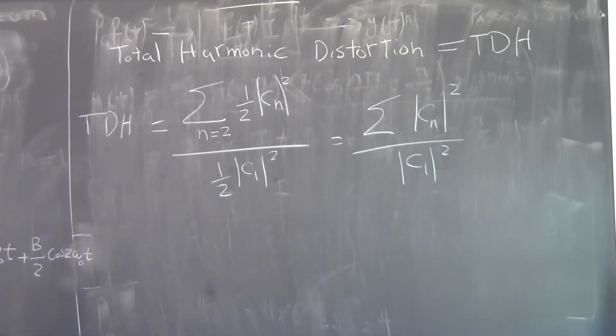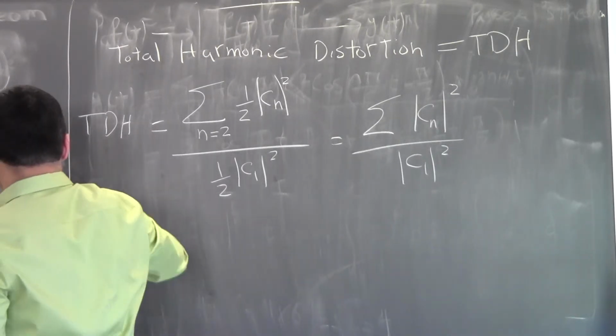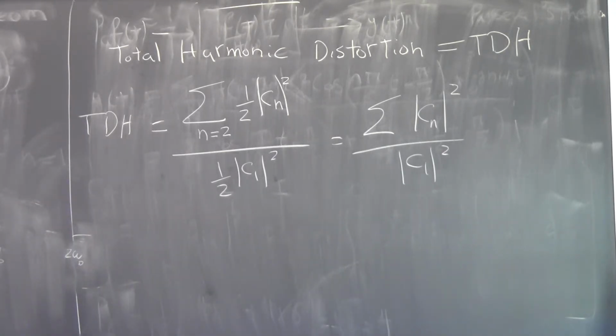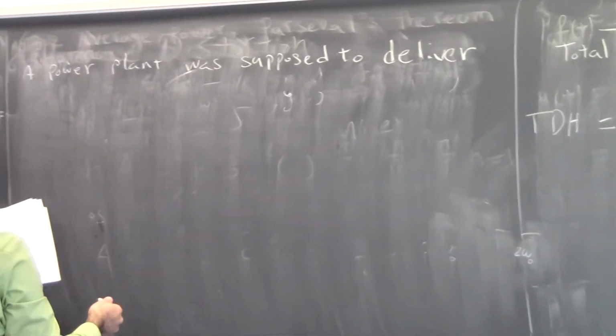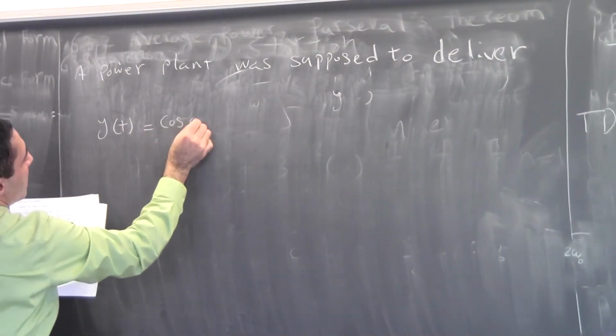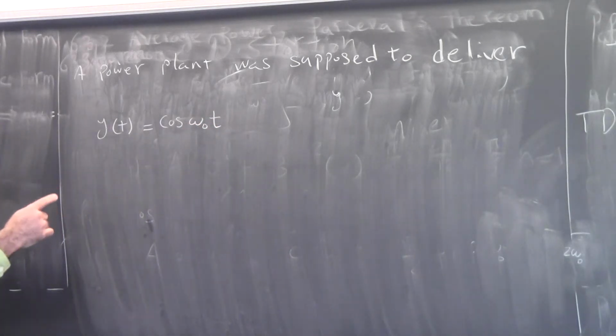That's THD. I give you a quick example, and you can find this example in your book. A power plant was supposed to deliver an output like y(t) equals cosine of omega t. This is what we wanted.